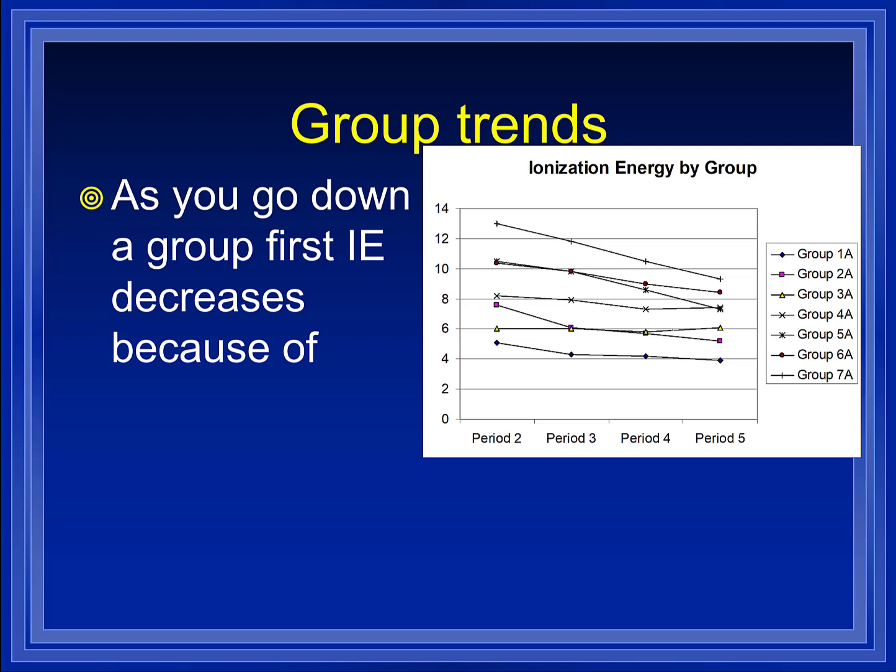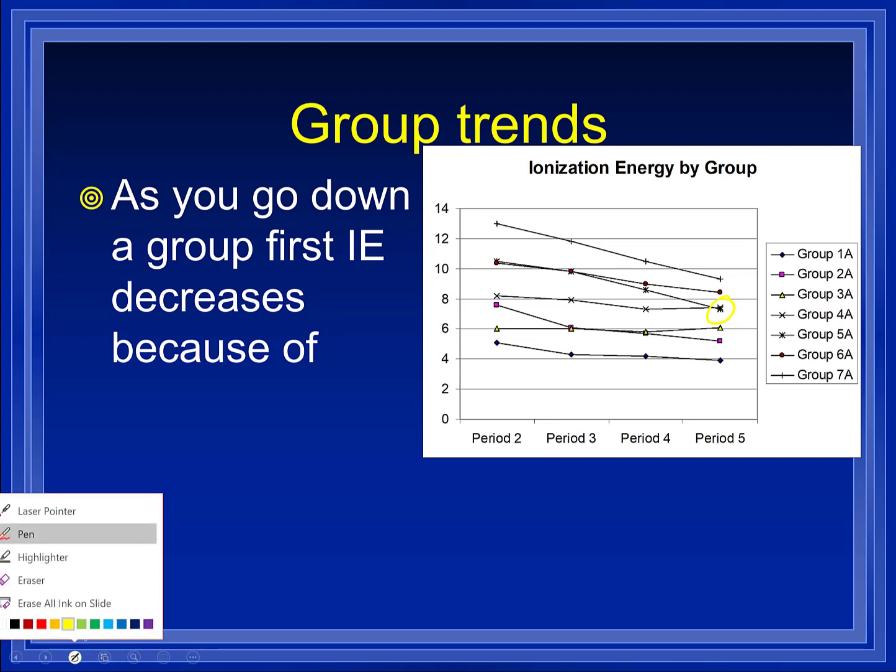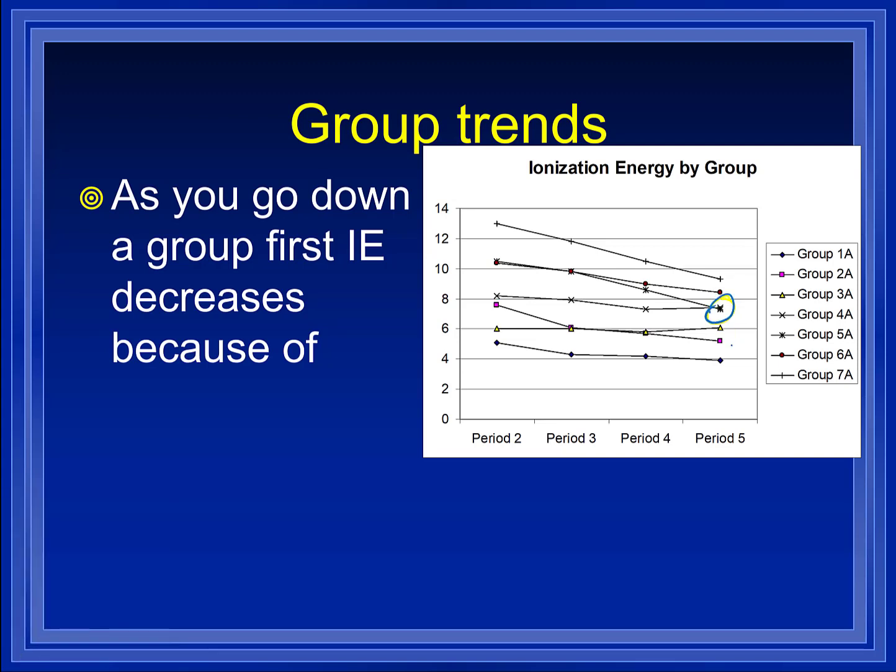The only place it's an exception is not one you'd expect, one you might expect to be able to predict. Notice that those are period 4 and 5 where they don't match up.